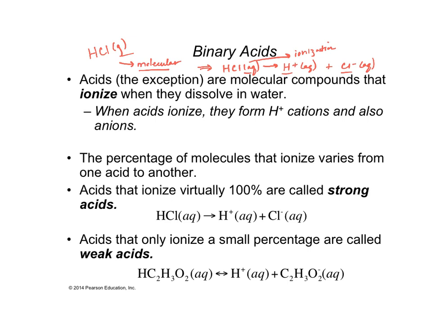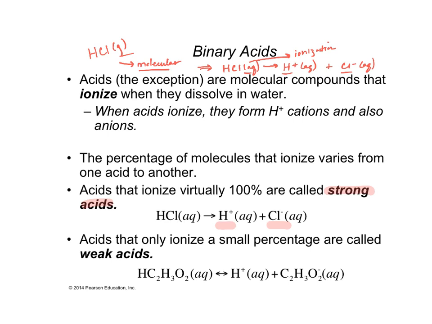So with respect to acids, there are two different types. There are acids that we call strong acids, and the big idea behind strong acids is that they completely dissociate when we put them, or completely ionize, when we put them in water. So a strong acid is something like HCl. When you put HCl in water, all of it forms H plus ions and Cl minus ions.